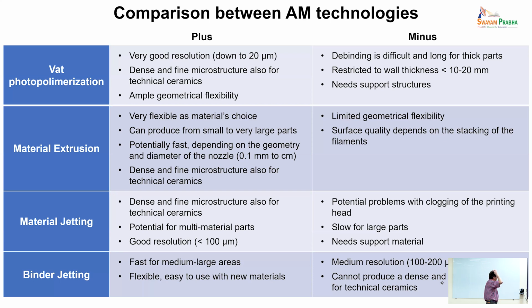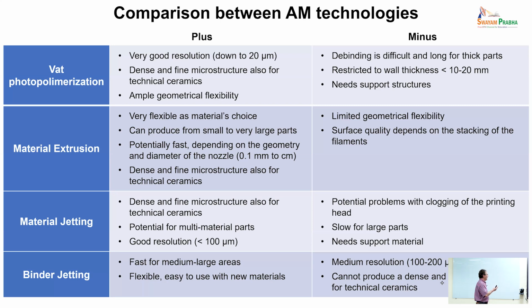So in terms of material extrusion, the advantages are that you have very flexible possibilities in terms of the choice of materials that you want to use. You can generate small components, but people are using extrusion-based technologies, for instance, in the construction business. So they can have nozzles that are a few centimeters in size, and you can build very large structures using this approach.